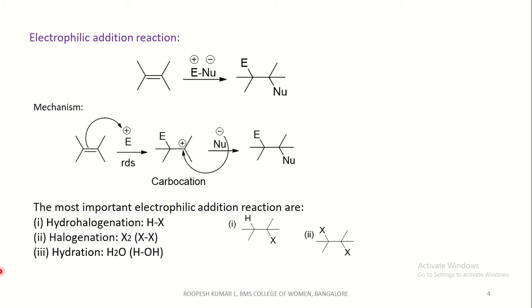The third one is hydration, addition of a water molecule across a double bond, and we get this product. The last one is hydroboration, that is addition of borane, BH3, across a double bond. It's not boron, it's borane. We get this molecule.